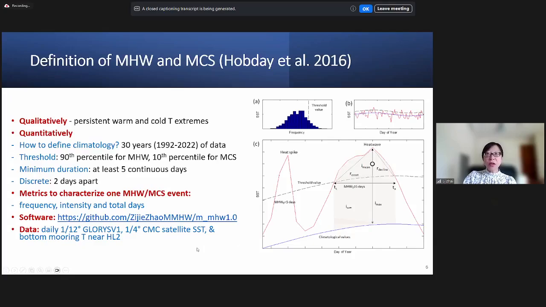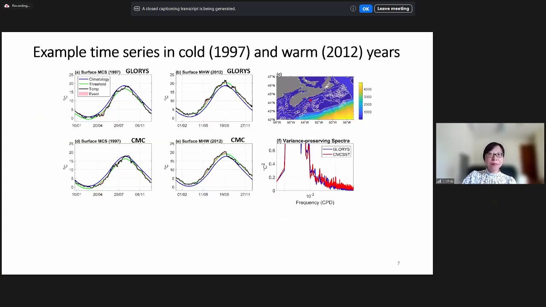The data sets used in our study include daily 1/12-degree GLORYS reanalysis, 1/4-degree satellite sea surface temperature, and mooring observations at a location near Station 2 on the Scotian Shelf. First, I just want to show you some example time series at this mooring location, indicated by the red dot in this figure.